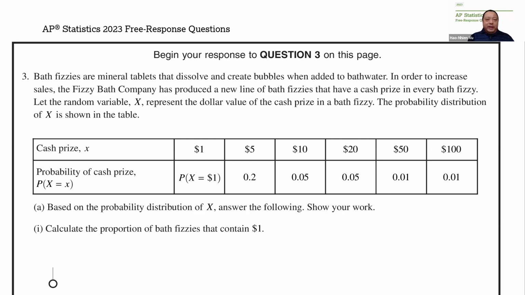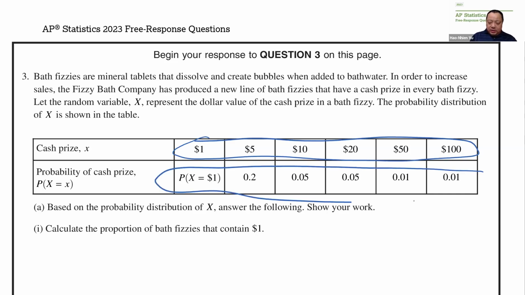Let the random variable X represent the dollar value of the cash prize in a bath fizzy. The probability distribution of X is shown in the table. Right, there's a table. Here are all the different values of X, and here are all the different probability values, except that there's a number here that's not filled in. And based on the probability distribution of X, answer the following.